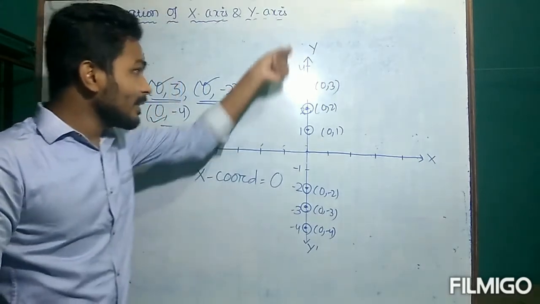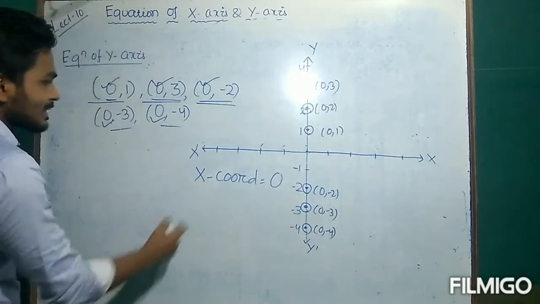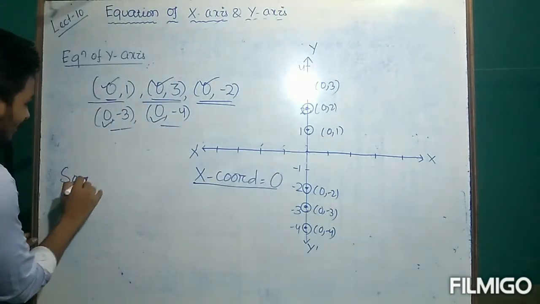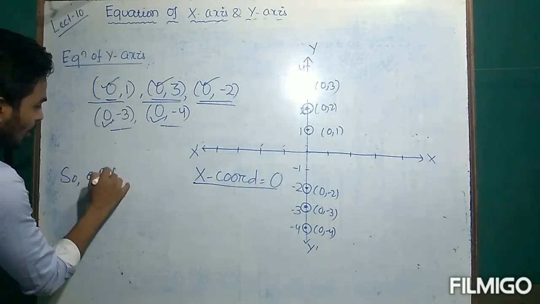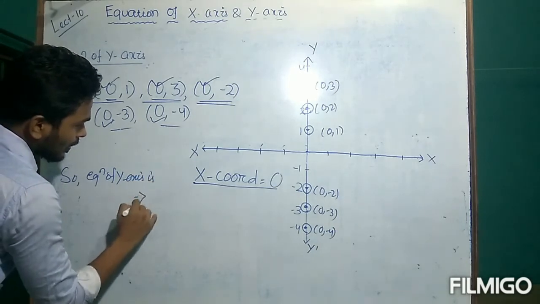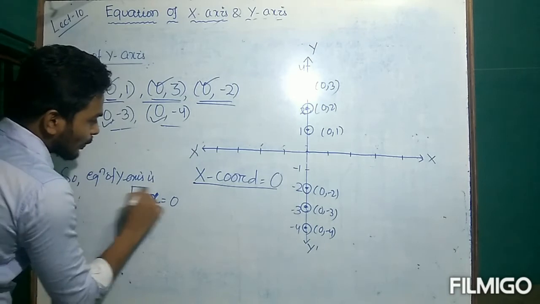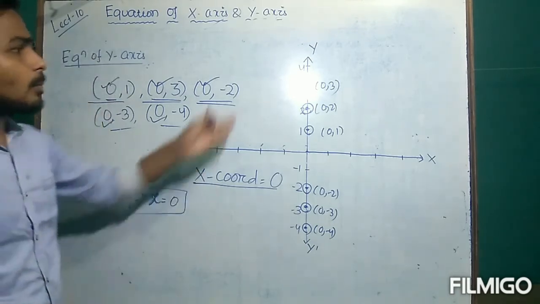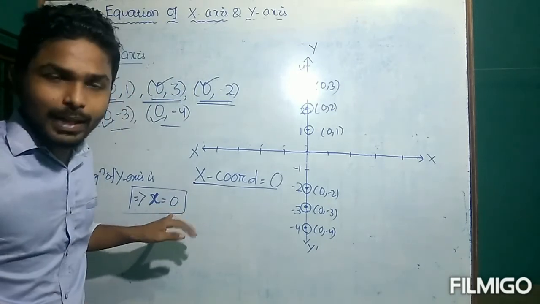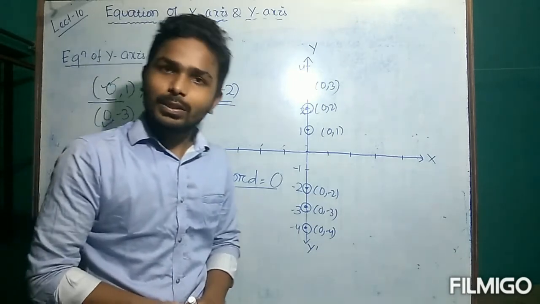That is why the general linear equation of the y-axis is x is equal to 0. Why? Because on the y-axis all the points have x coordinate 0. That is why the equation of the y-axis is x is equal to 0.